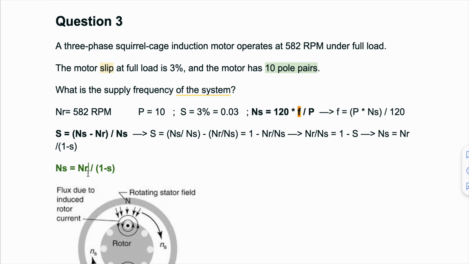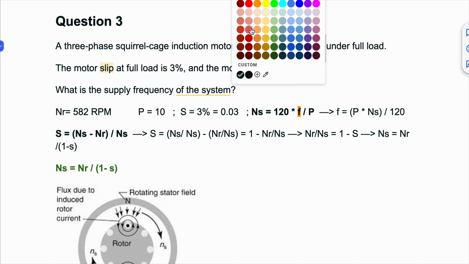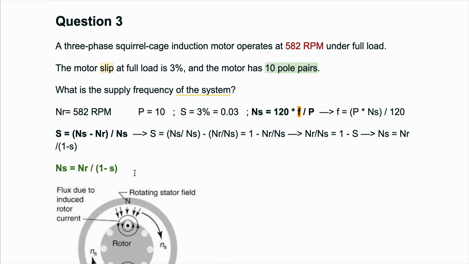We use it when we have the slip and the speed of the rotor. Like this question, they tell us that the normal induction motor operates at this speed, so we can use this equation.